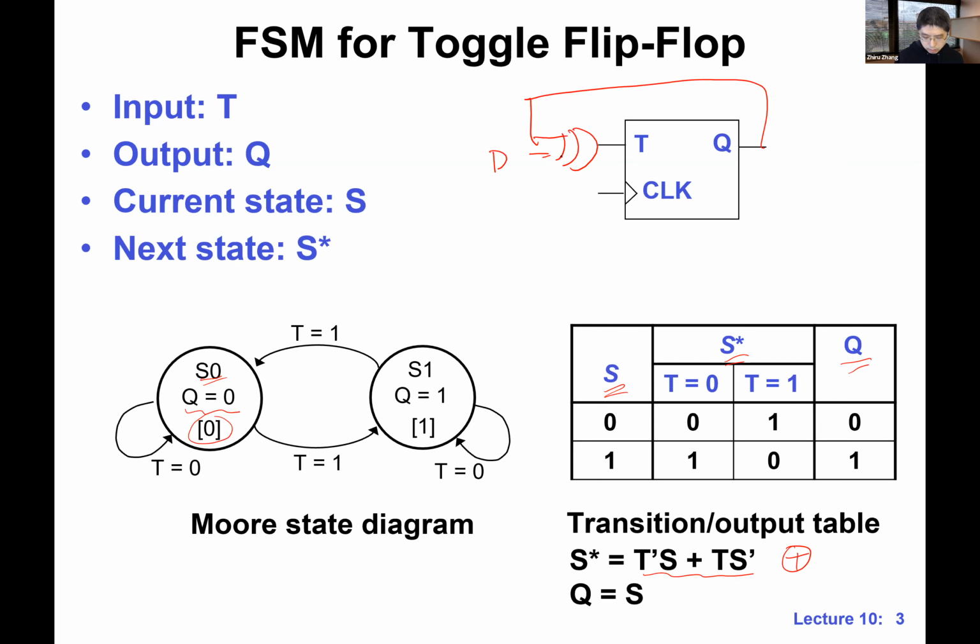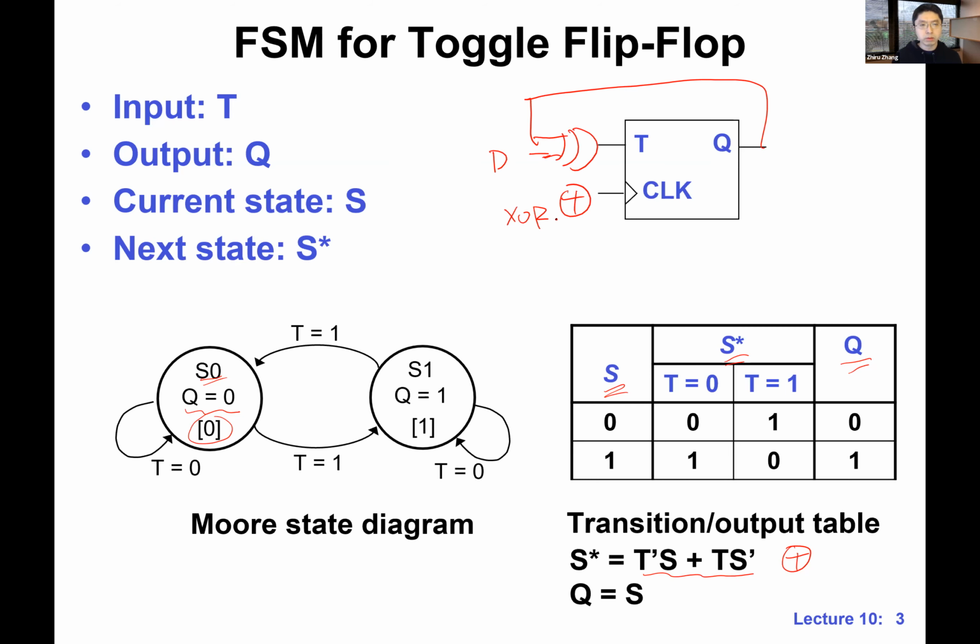Okay. So of course you can derive this using a truth table, right? But intuitively, I hope this is clear, right? So you want to set D, right?